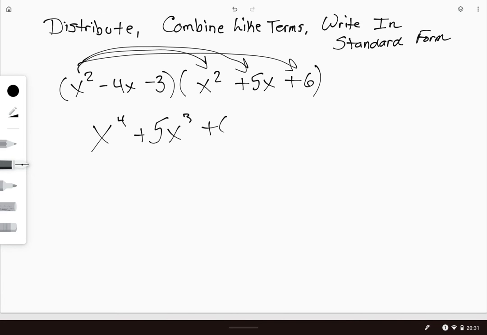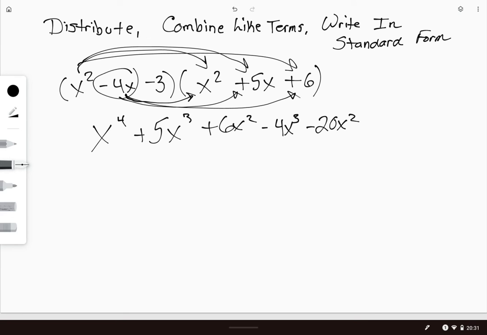Plus 6x squared. Then remember that is a negative 4. So negative 4 times x squared is going to be a negative 4x to the 3rd, minus 20x squared, minus 24x.